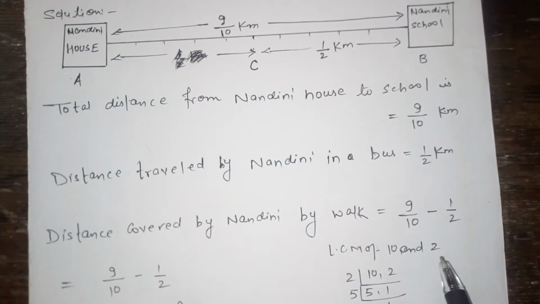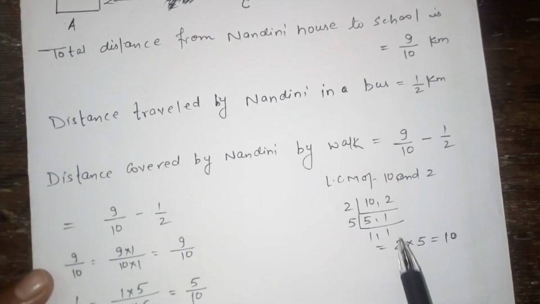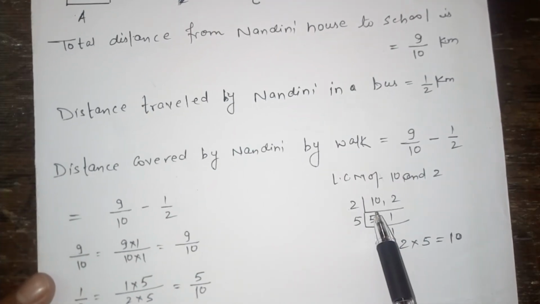So what will you do? For this we will take out the LCM of 10 and 2. Dividing 10 and 2 by 2, 10 divided by 2 gives you 5, and 2 divided by 2 gives you 1. Then 5 divided by 5 gives you 1.